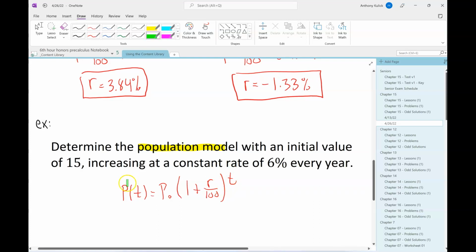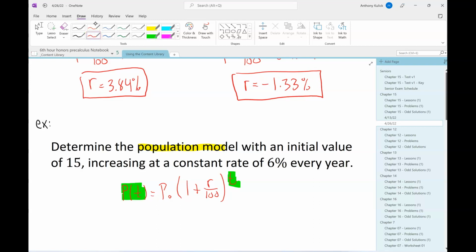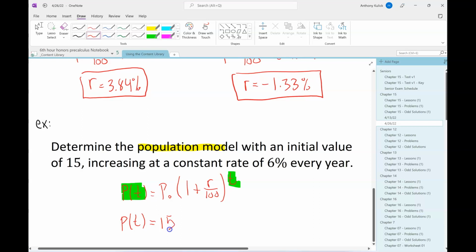Whenever we write a model, we need to make sure we have a dependent and independent variable inside the problem, so nothing is going to get filled in for P of t or t, which means what we have to still fill in is our value for P naught and our value for R. What should our value for P naught be? 15, because P naught is the initial amount, and our value for R should be 6, which is our rate of change as a percentage.